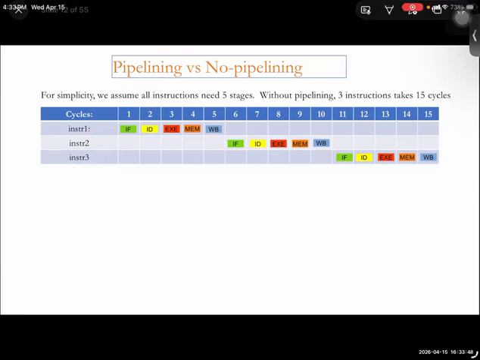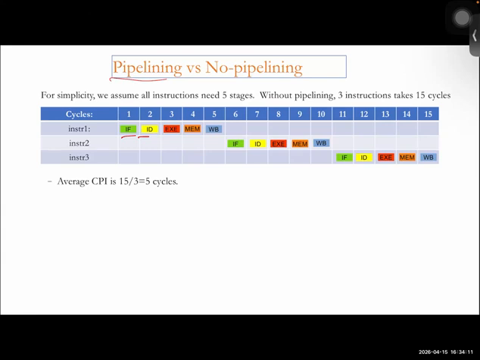Right. Now let's assume that the processor is enhanced with the pipelining concept. That means we introduce the interstage buffers. So the result of every stage will be stored into an interstage buffer for use in further stages.